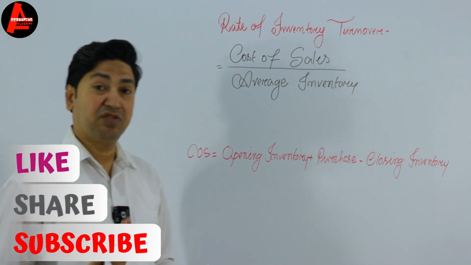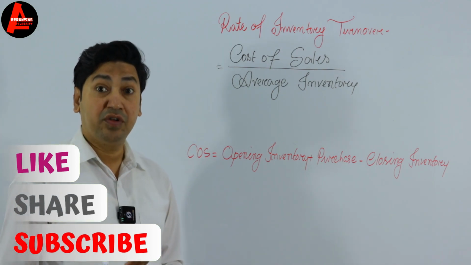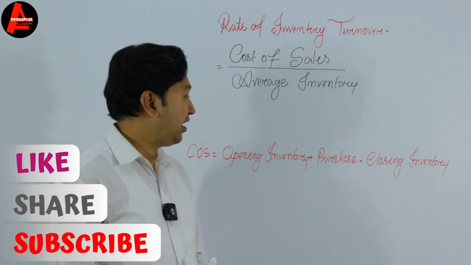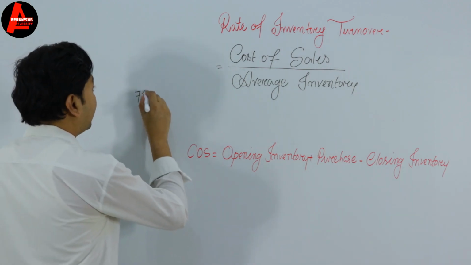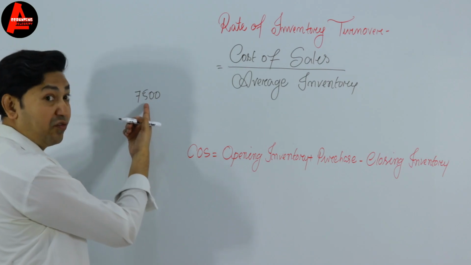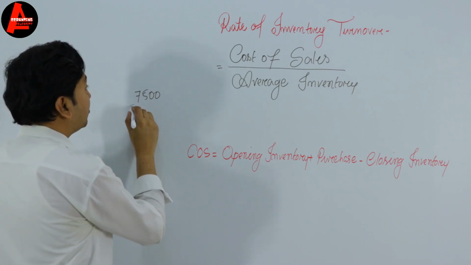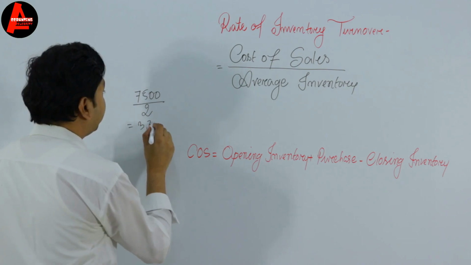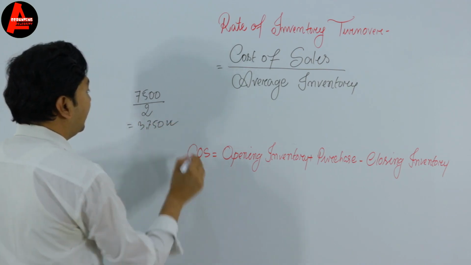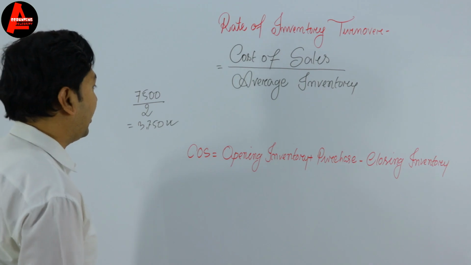Okay, that means the opening inventory will be half of closing inventory. Okay, so here closing inventory is given. It is $7,500. This is double of opening inventory. Okay, so if we divide by 2 we get here $3,750.